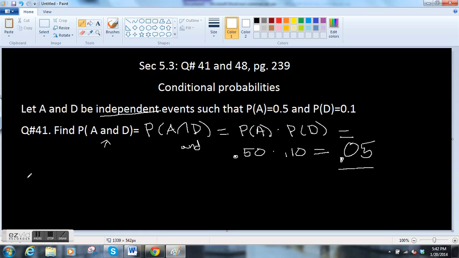Suppose this had been a harder question. Here's a bonus. Suppose you wanted the probability of A or D, the union of the events. Well, now we're back to our two Venn diagrams.